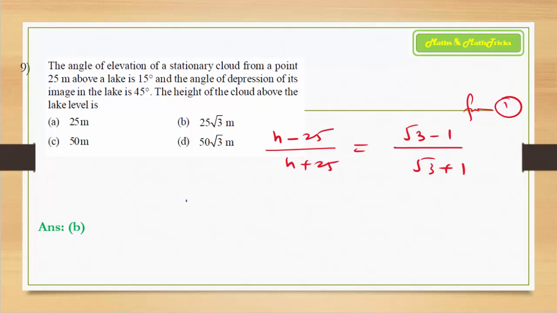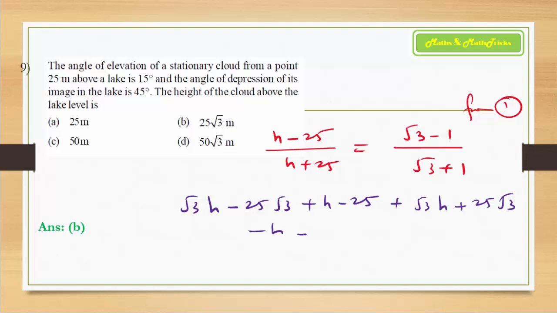So you get root 3h minus 25 root 3, then multiplied by 1, plus h minus 25. Similarly on the other side, root 3h, then 25 root 3, then minus h minus 25.